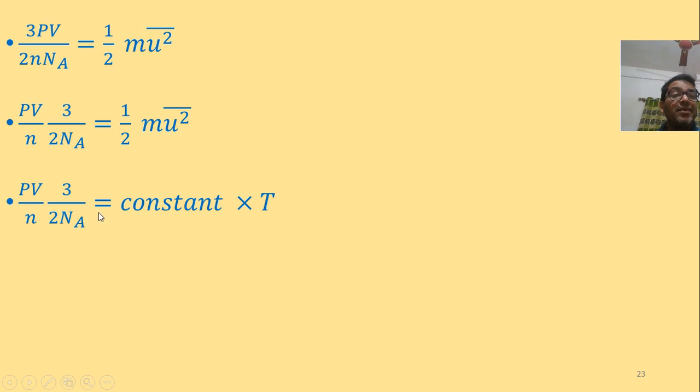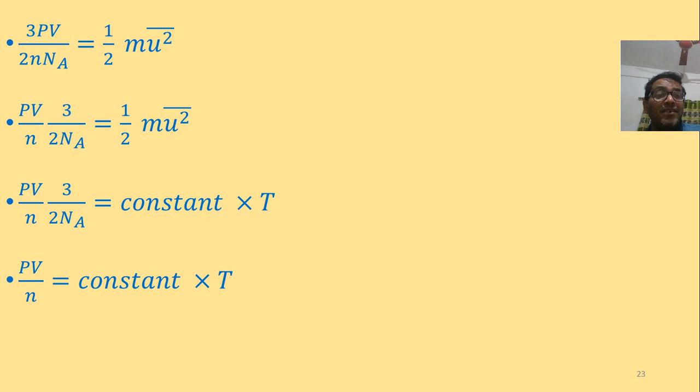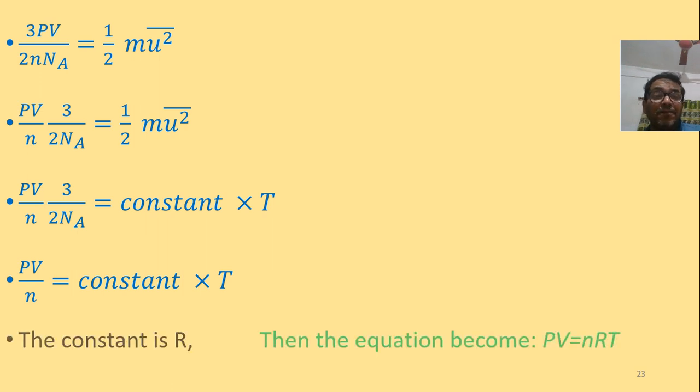Now, instead of half m u bar square, we can write a constant times T, because from the previous slide it was shown. So we get PV by small n is equal to constant times T. This constant is basically R.